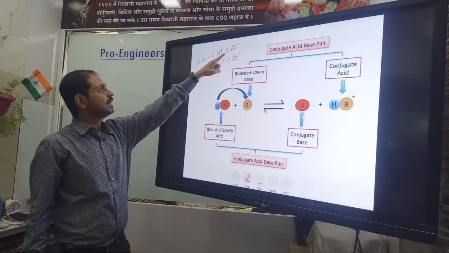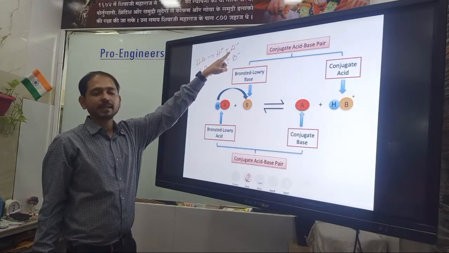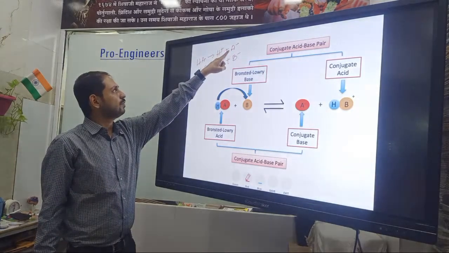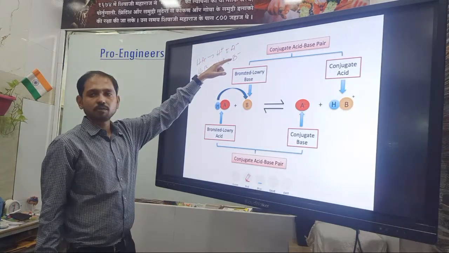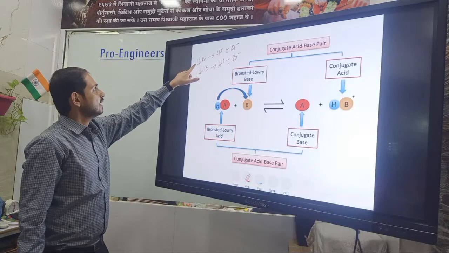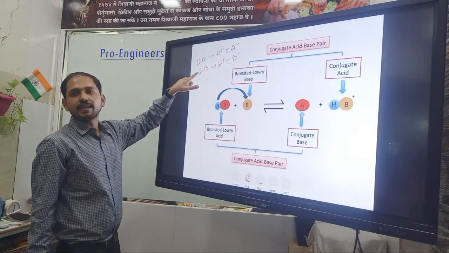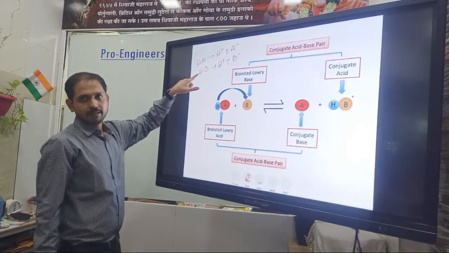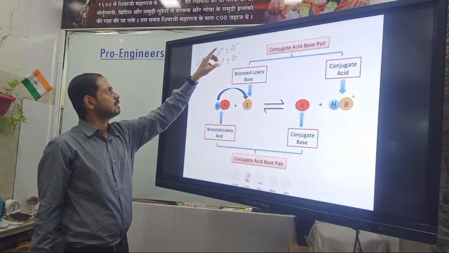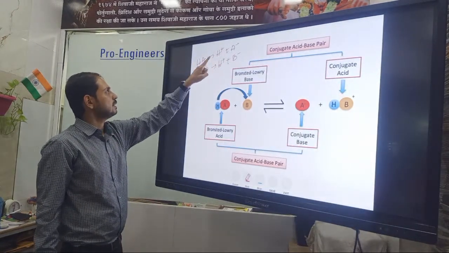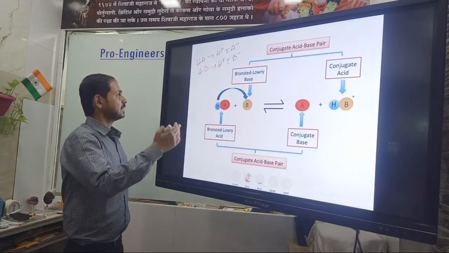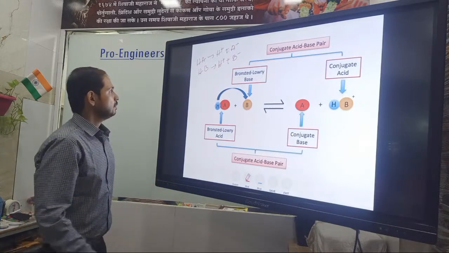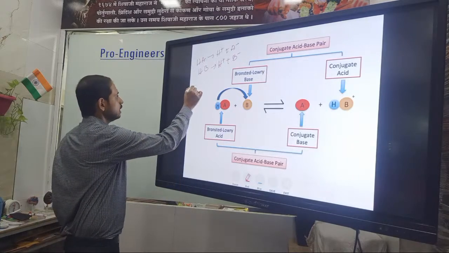We need to check the stability of A minus and B minus. If A minus stability is higher compared to B minus, that means HA is a stronger acid than HB. Right? Similarly, we can also explain in terms of bases.